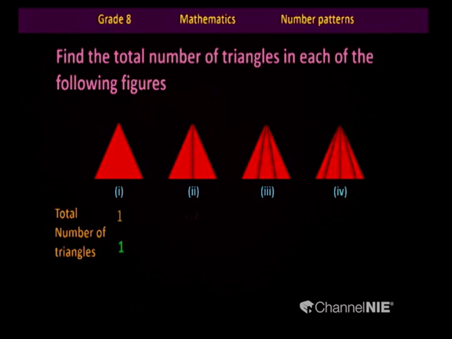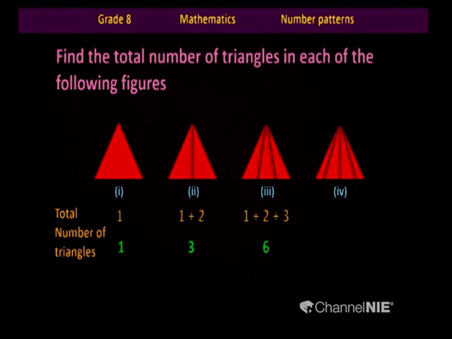Therefore, altogether it becomes 1 plus 2, 3. In the third one, we can see 3 small triangles, 2 slightly bigger triangles and 1 bigger triangle. Therefore, altogether 1 plus 2 plus 3, there are 6 triangles.